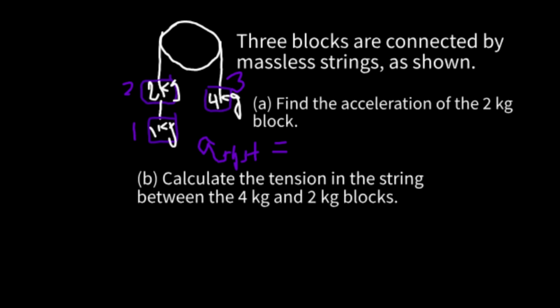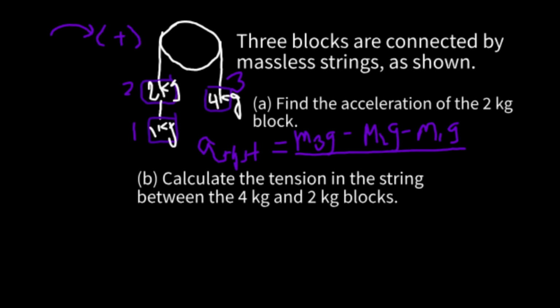So we'll take m3 g, calling this positive, minus m2 g minus m1 g, divided by m1 plus m2 plus m3.